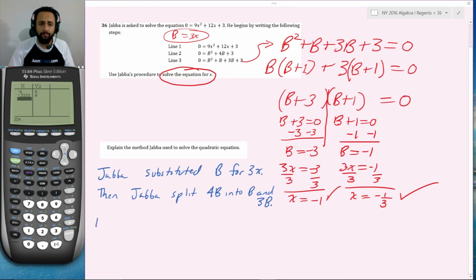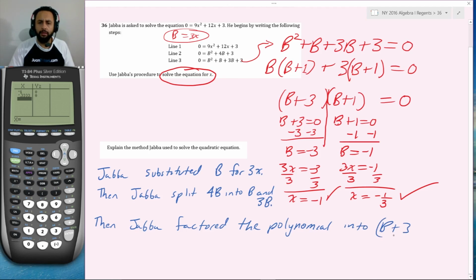So then Jabba factored the polynomial into b plus 3 times b plus 1 equals 0 and solved for b.